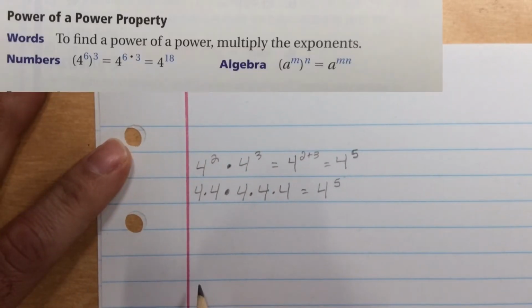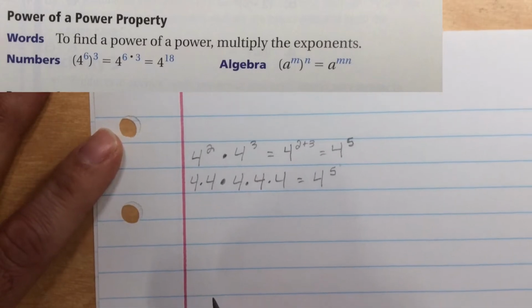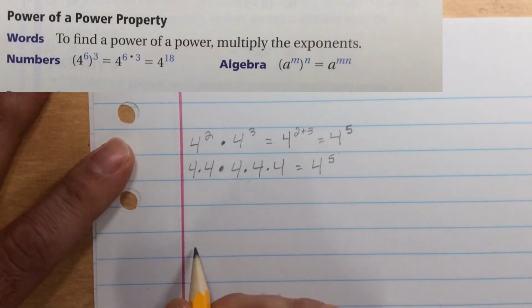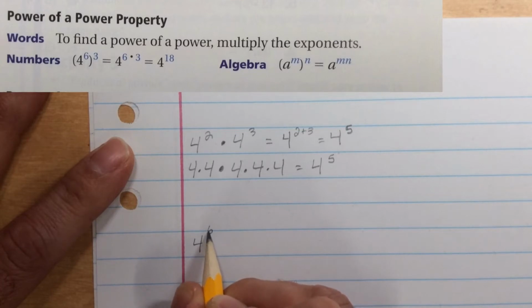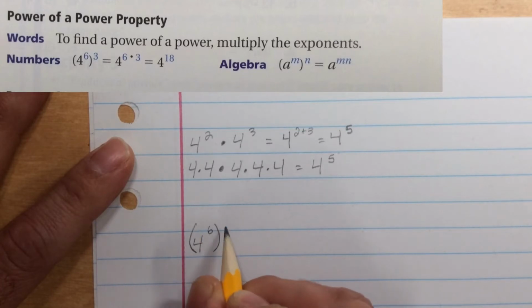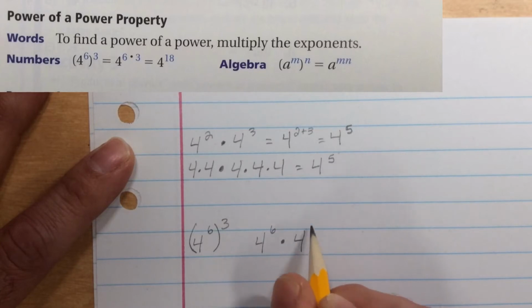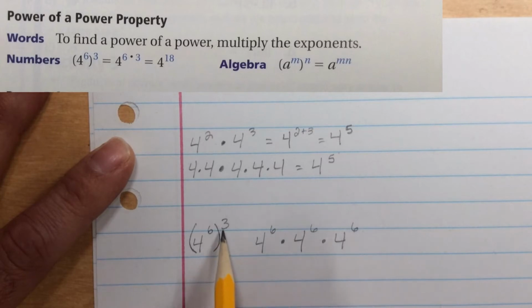The second property is the power of a power property. In words, that one says, to find the power of a power, multiply the exponents. It gives us the example 4 to the sixth power raised to the third power. Well, let's think of what this means. This really means 4 to the sixth power times 4 to the sixth power times 4 to the sixth power, because that's what that cubed means.